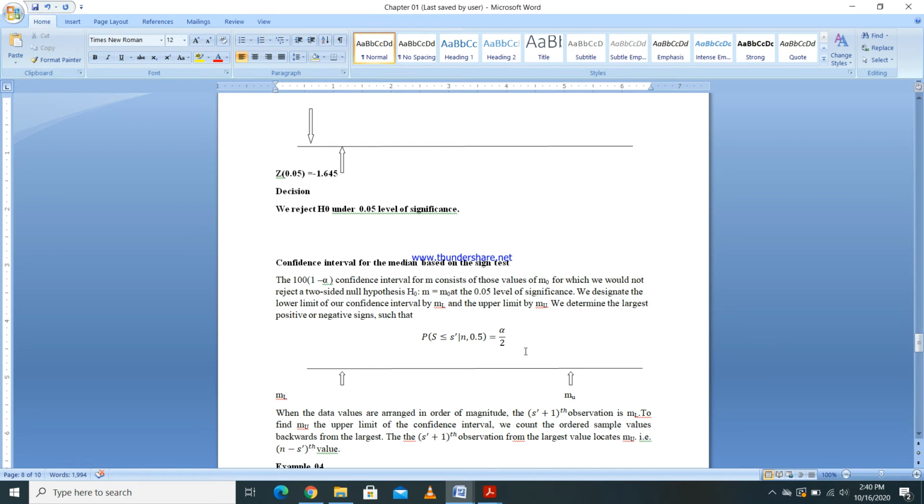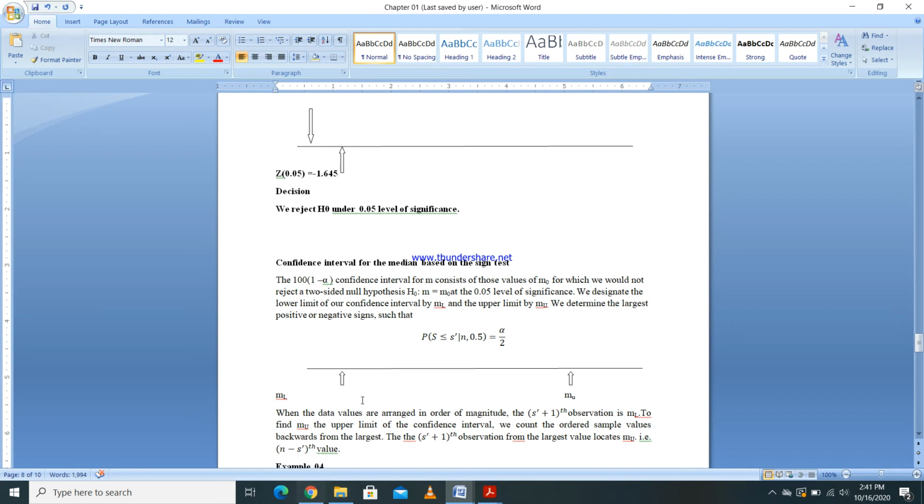In order to find these two limits, ml and mu, first you have to arrange all the values in ascending order. Then we have to find this S dash value. I'll explain how to find the S dash value using an example. After arranging all the observations in ascending order, we take the S dash plus 1 observation as our lower limit.